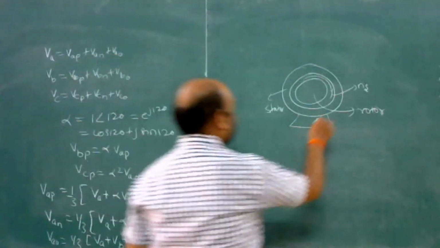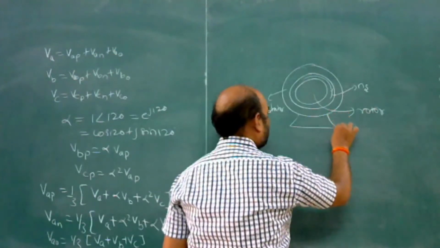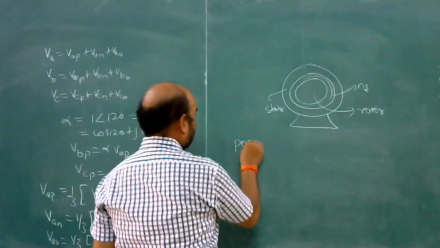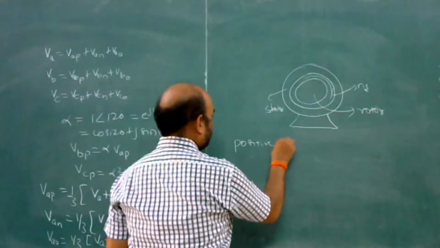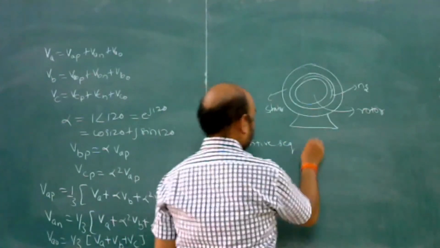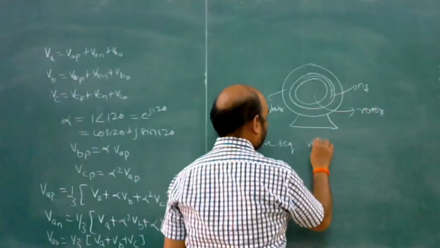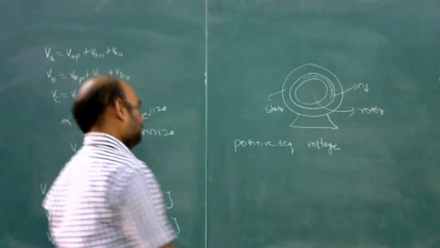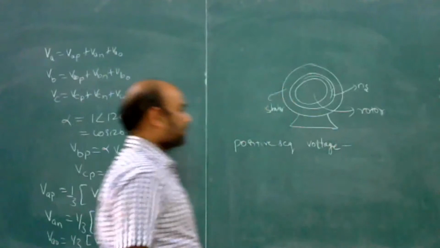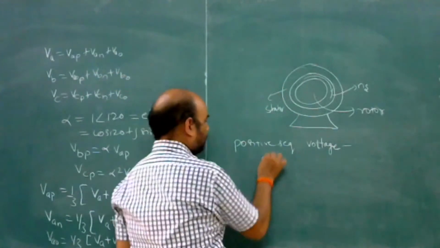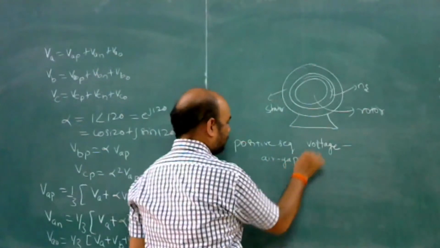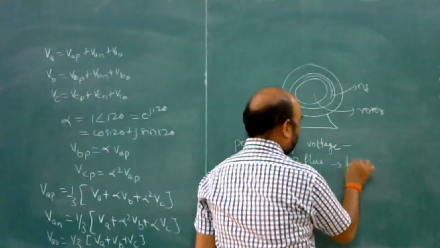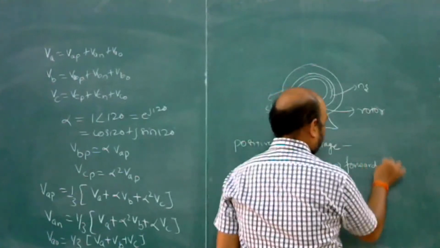Okay, so the positive sequence component of voltage will produce an air gap flux which will rotate in the forward direction. Okay.